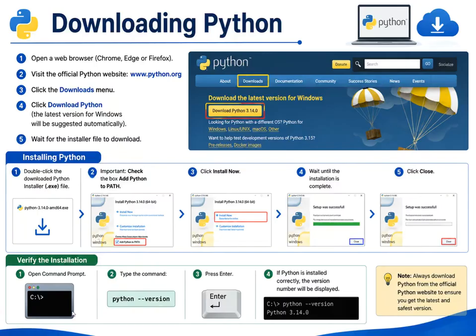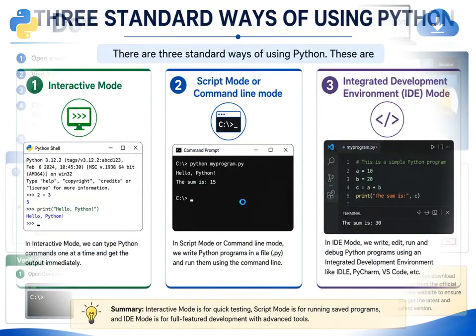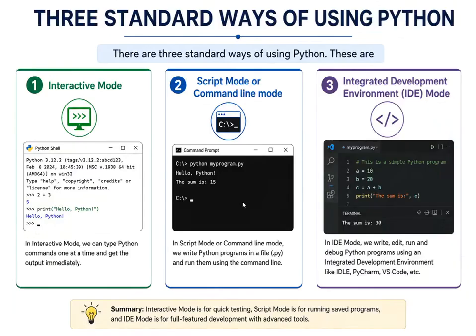If you want to check the version of Python, open the command prompt, write python, then version, and press enter. It will show the version of Python that you are using. Now Python is downloaded and installed on your computer.